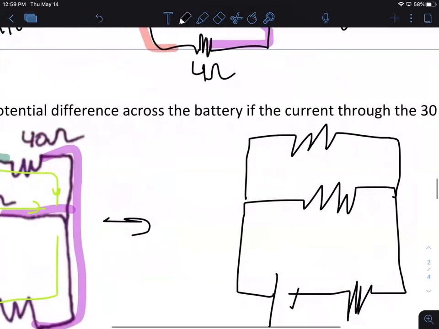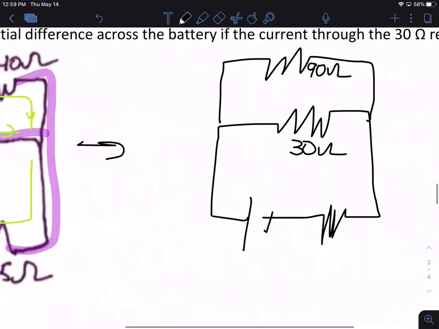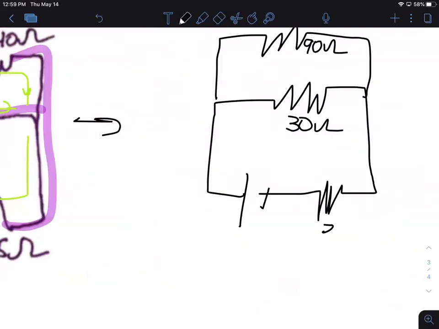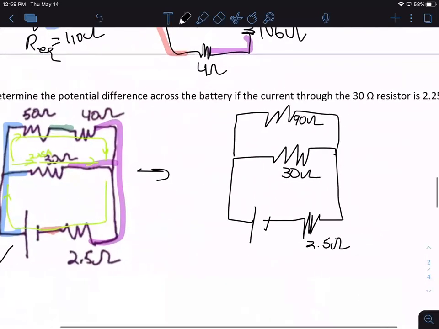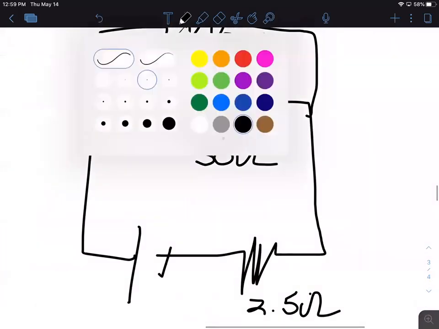So they're in series. 50 plus 40 is 90 ohms. 30 ohms. And then this one is 2.5. I'm sure it'll make sense at some point. And then 2.25 amps through this guy.